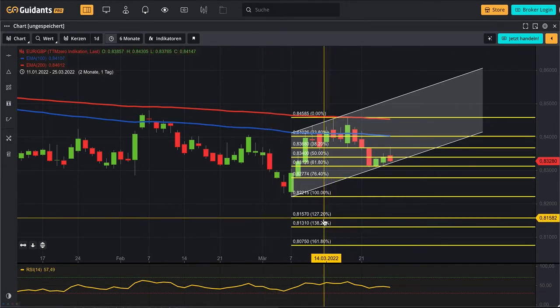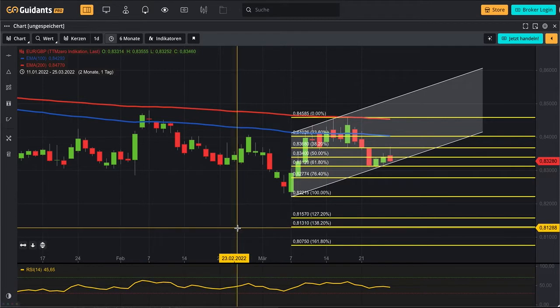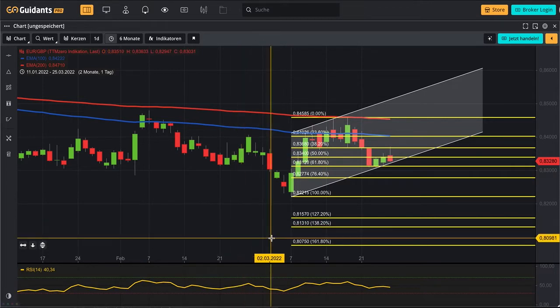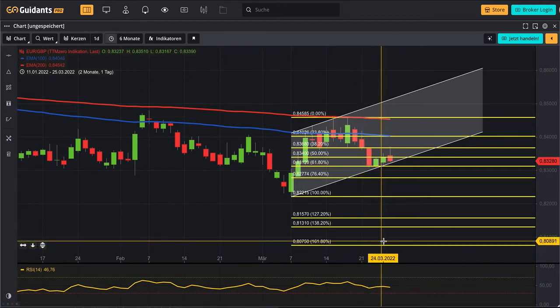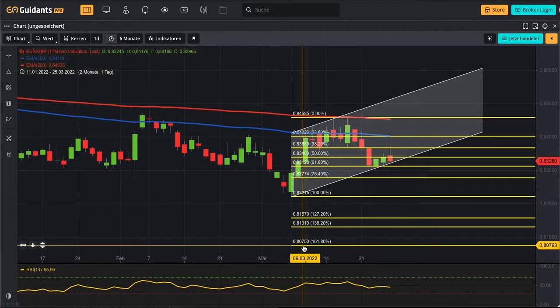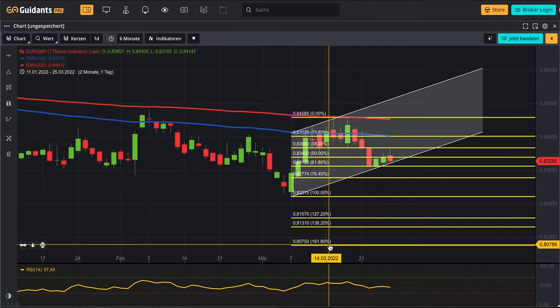So these 127.2 and 138.2 levels, and especially on top of that, for a longer term view into the next 1-2 months to come, something like a target for the Euro bears and the pound bulls, it's 0.8075, which is something like a 161.8 projection level.